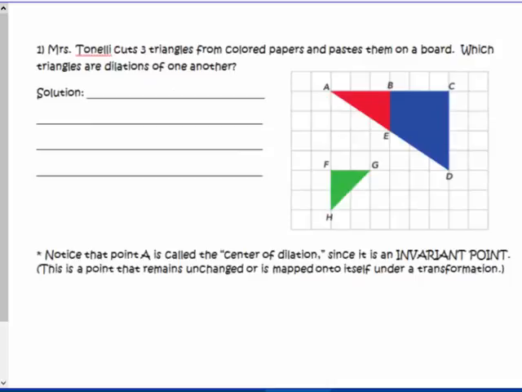Mrs. Tonelli cuts 3 triangles from colored papers and pastes them onto a board. Which triangles are dilations of one another?